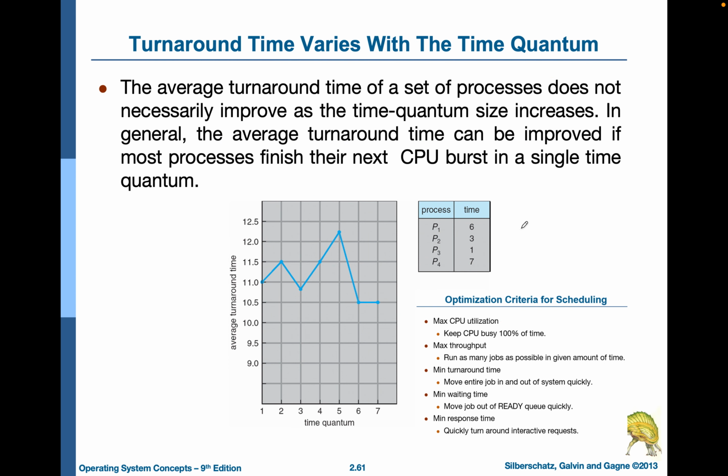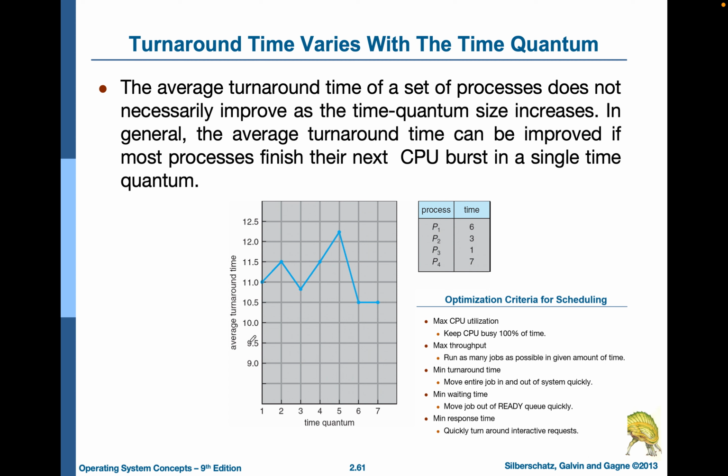So let's see what is happening in this example. P1 has time until 6. Then you have P4 until 7, P3 until 1 only, and P2 until 3.